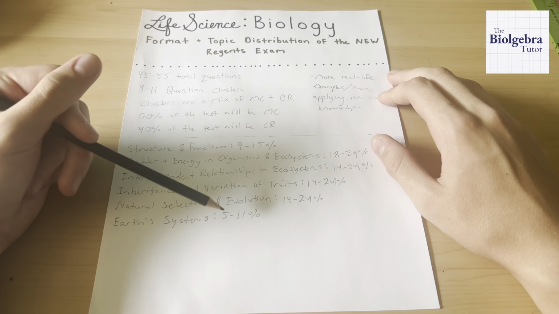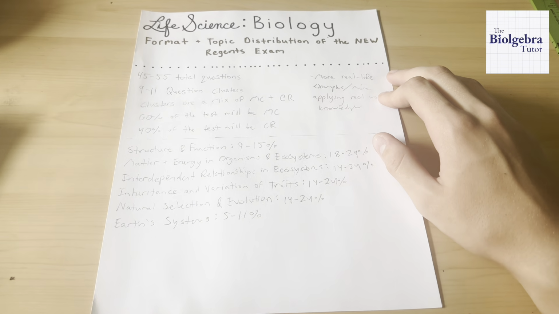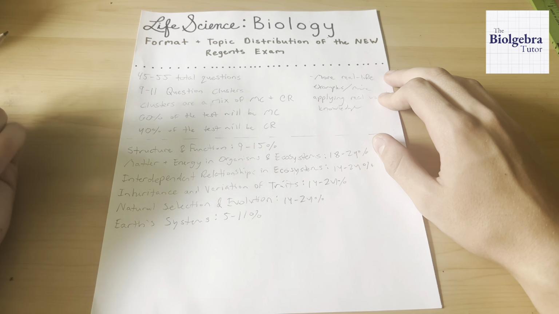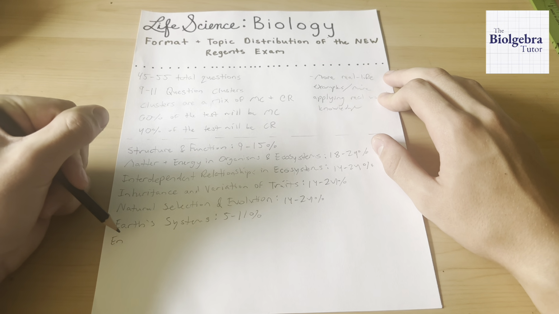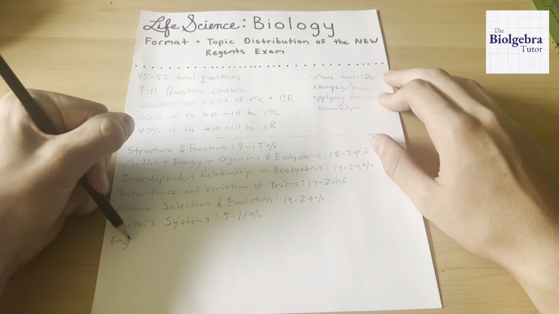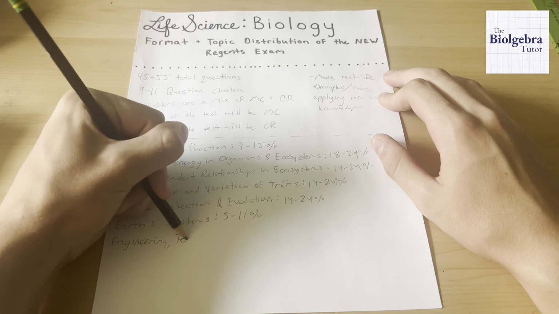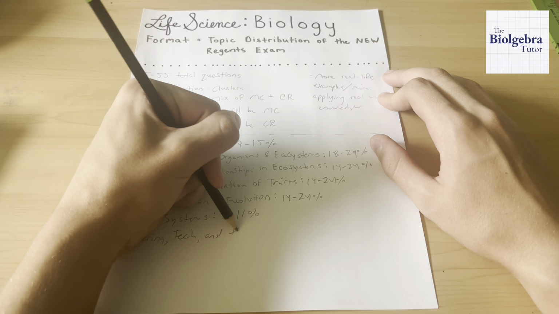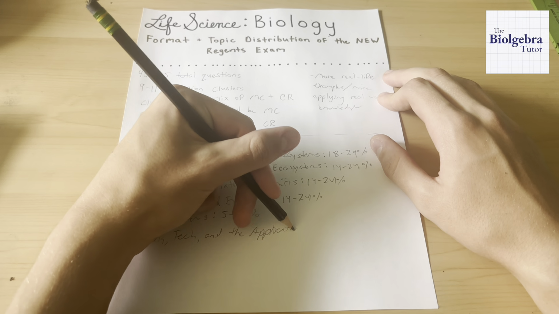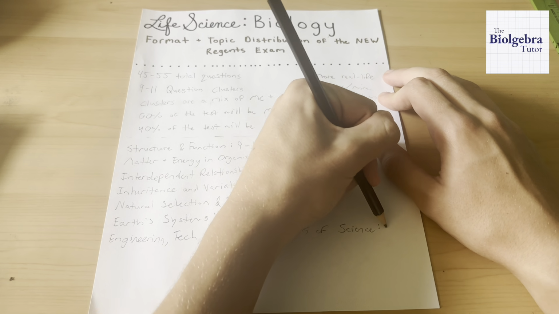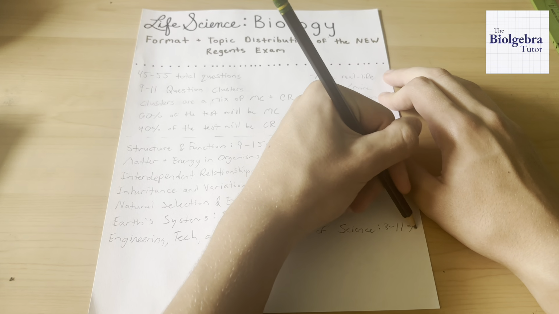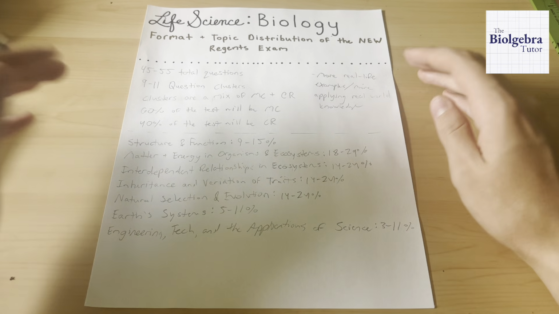So definitely is a smaller thing, but still important. And the last topic, which is the seventh topic, will be engineering, technology, and the applications of science. This will be 3 to 11% of your total Regents examination.